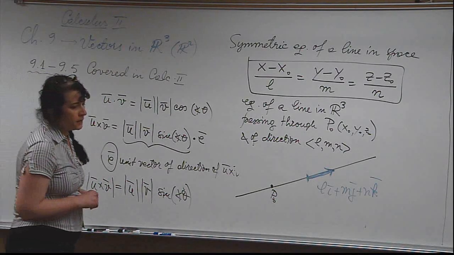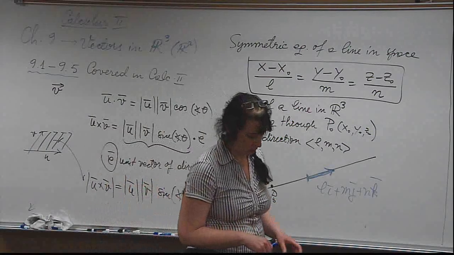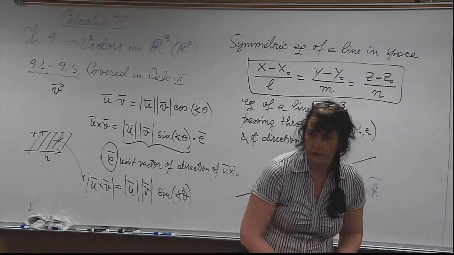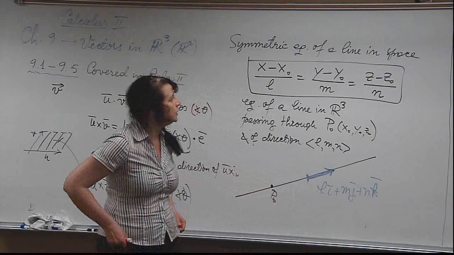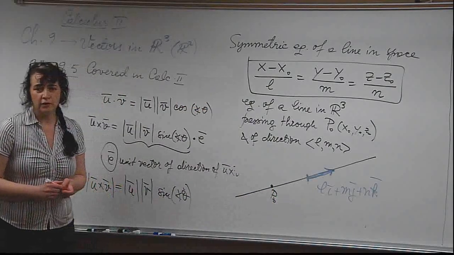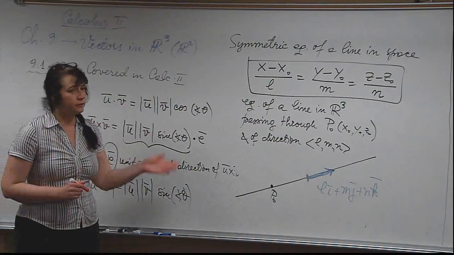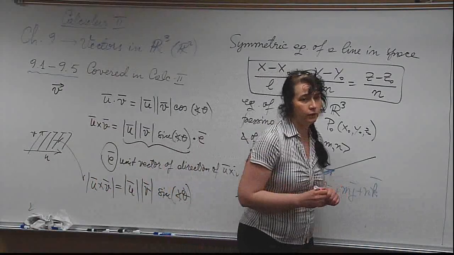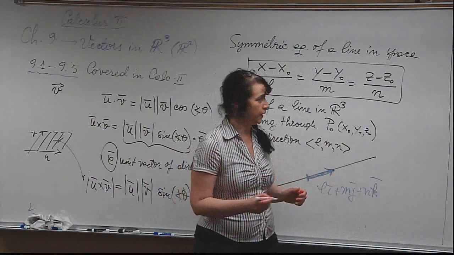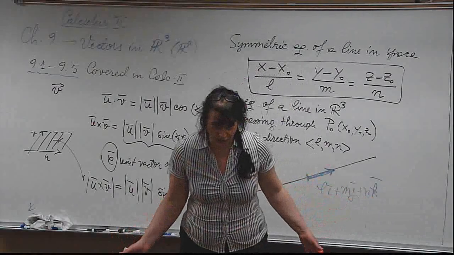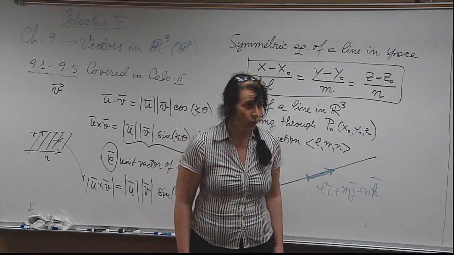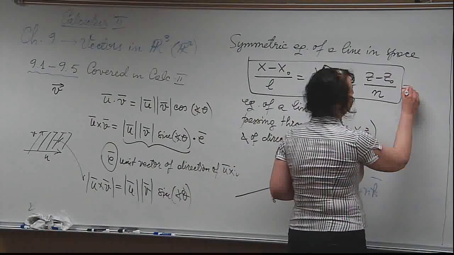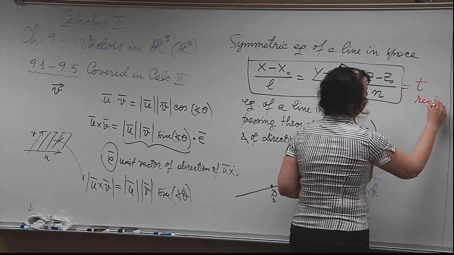Now somebody asked me just a week ago, saying I've started doing review already and I don't understand what the difference is between the symmetric equation of a line in space and the parametric equations of a line in space. There's no essential difference. So what do we do? We denote this whole animal by t, a real number.